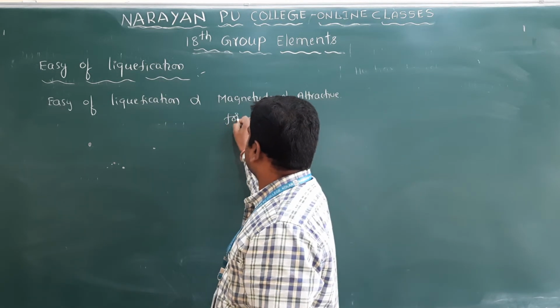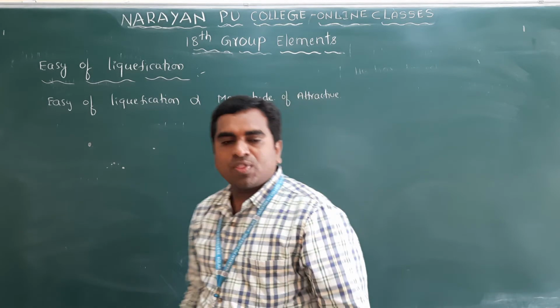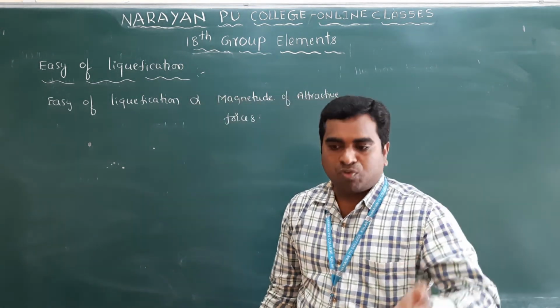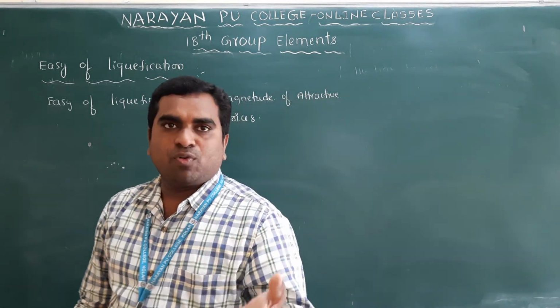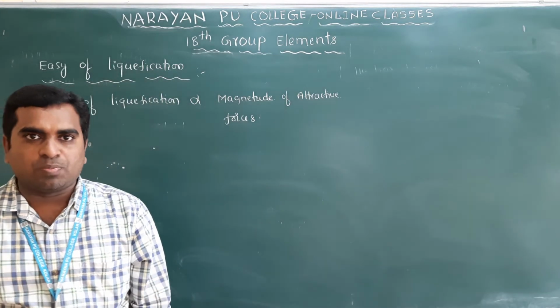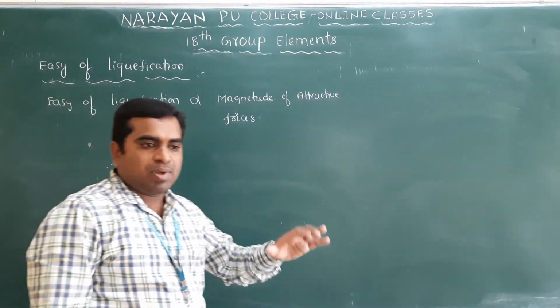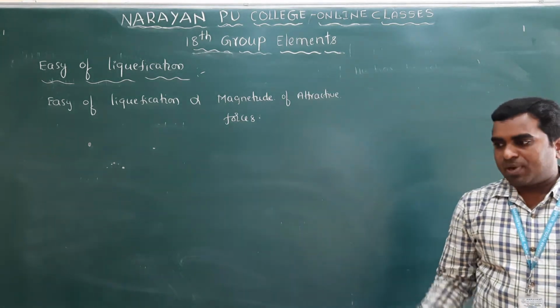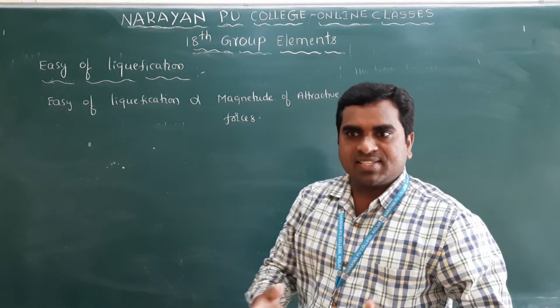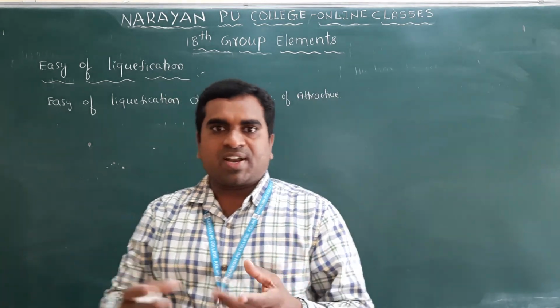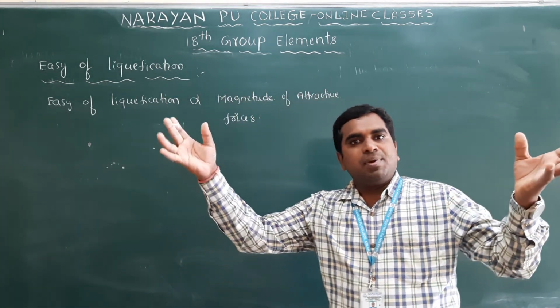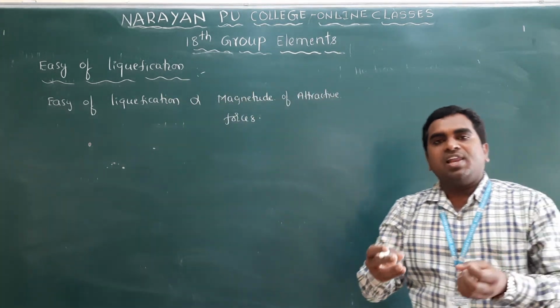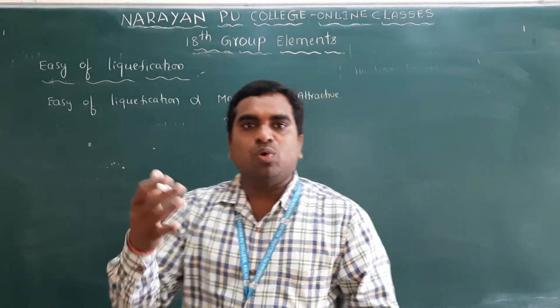The magnitude of attractive forces, meaning van der Waals forces, increases down the group. So which can be easily liquefied? Radon compared to helium. Because as the size increases, van der Waals forces increase, the forces of attraction increase, and automatically radon can be easily liquefied, converted into liquid.